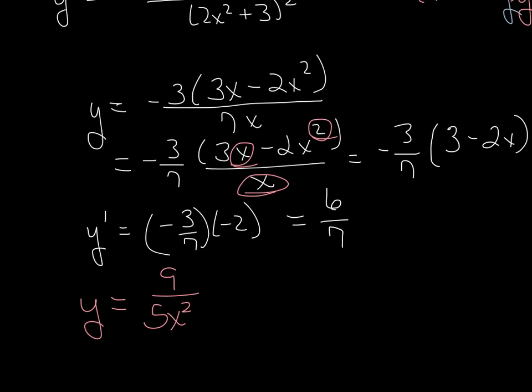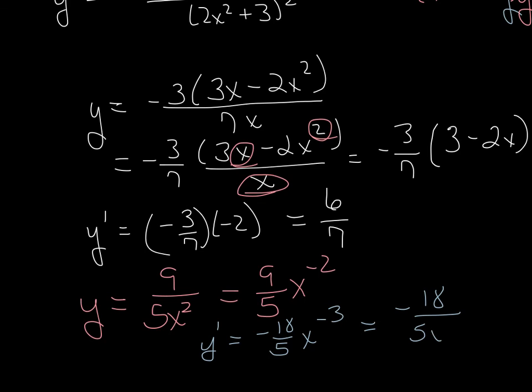You can use the quotient rule, but you can also rewrite this as 9/5 x to the -2, and so that is a little bit quicker to take a derivative of. y prime equals -10/5 times x to the -3, or, what did I do? -10/5 is not right. -18/5, which is going to be -18 over 5x cubed.